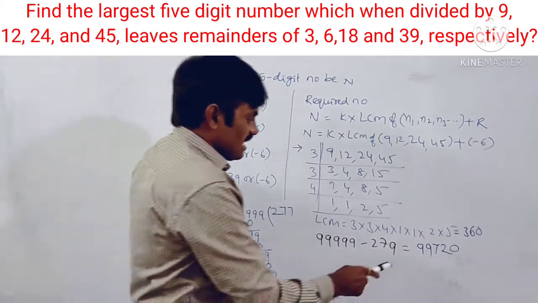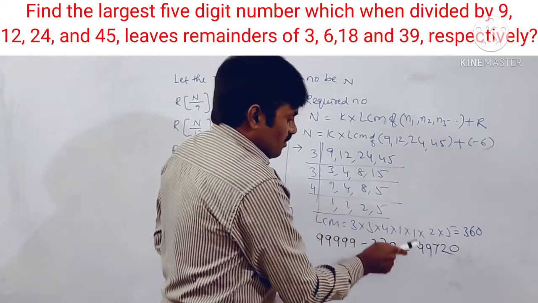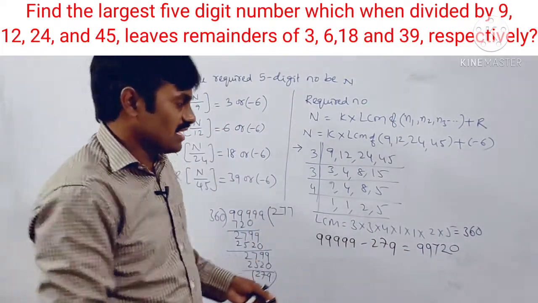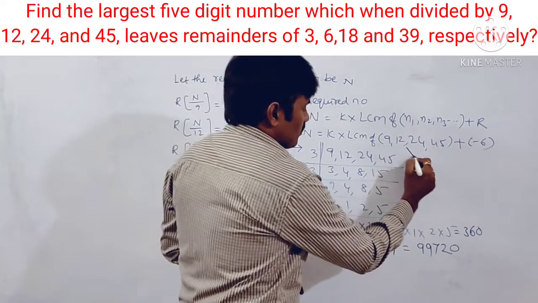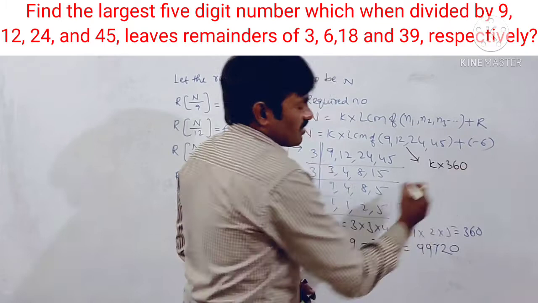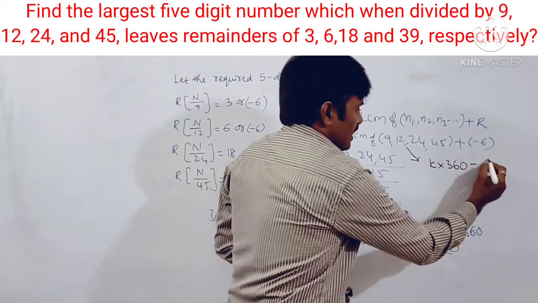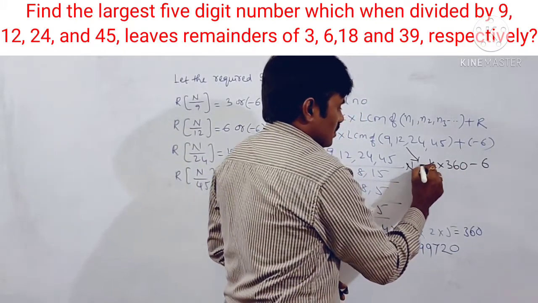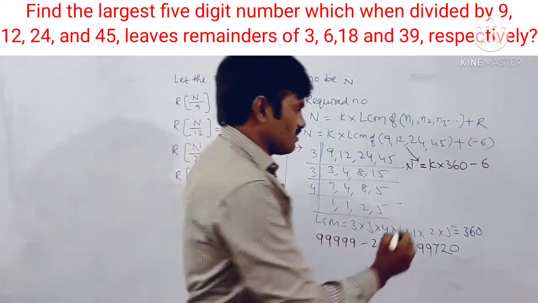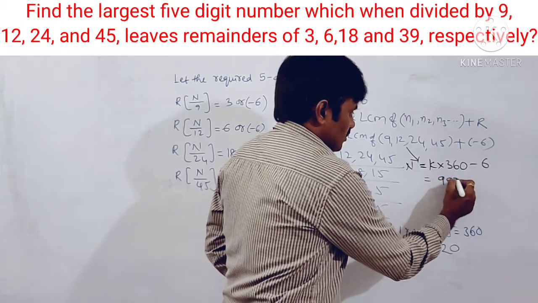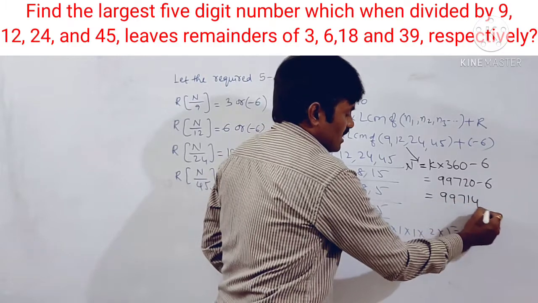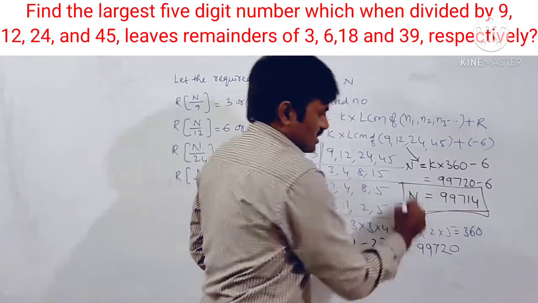This is the multiple of the LCM 360, that means k into 360. Here k into the LCM of the divisors, 360, minus 6 is our required number. The maximum 5-digit value of k into 360 is 99,720, minus 6. So 99,714 is the final answer. This is our required number.